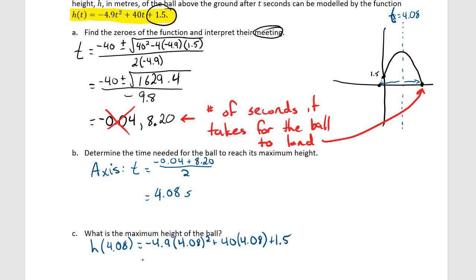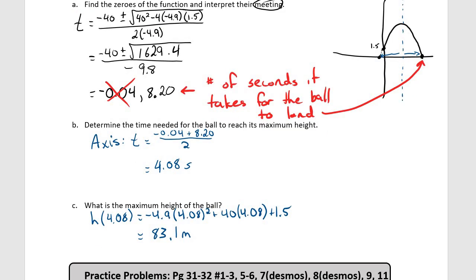We'll run that through the calculator, and we should get an answer of 83.1 meters for the maximum height. And that's everything for today. Great review for stuff that we haven't covered yet.